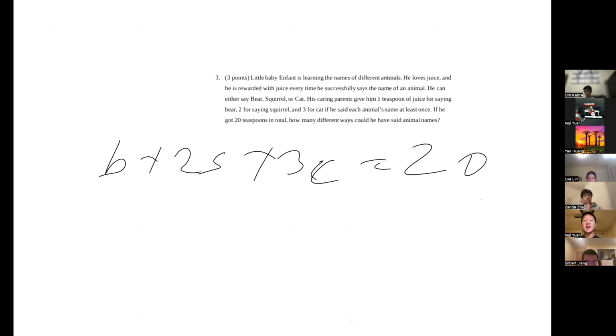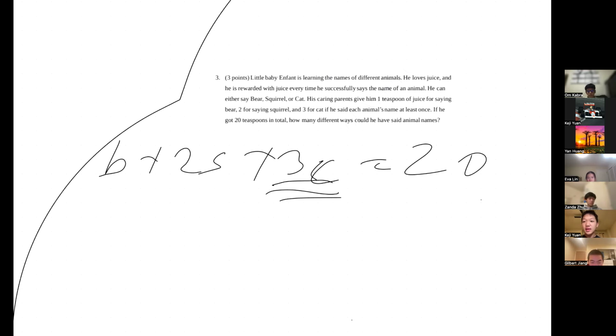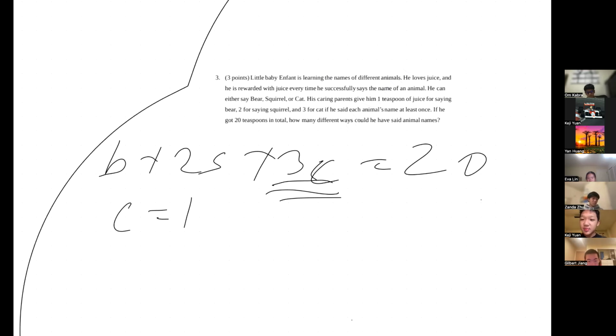This is a Diophantine equation, and the best way that we deal with Diophantines is to use casework. Here we need to choose our casework wisely because we don't want to end up with too many cases. So we pick c as the one that we set our cases upon because it is the biggest one that determines the value. Let's say c is equal to 1. Then we have b plus 2s is equal to 17.